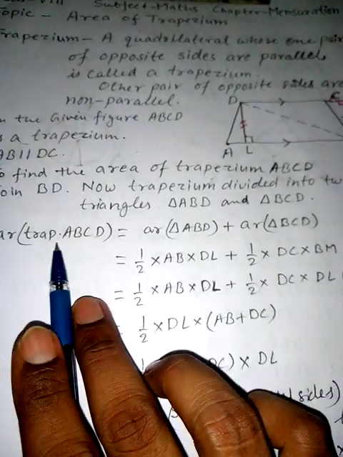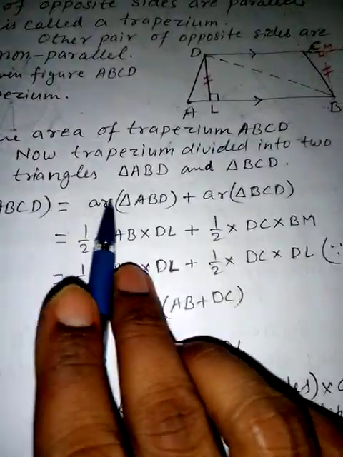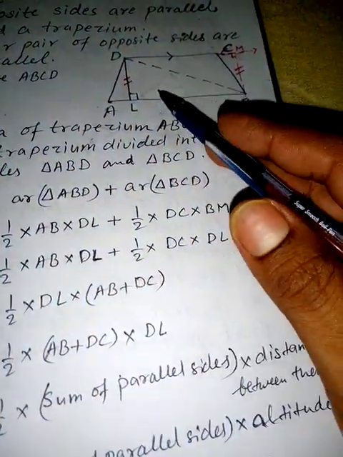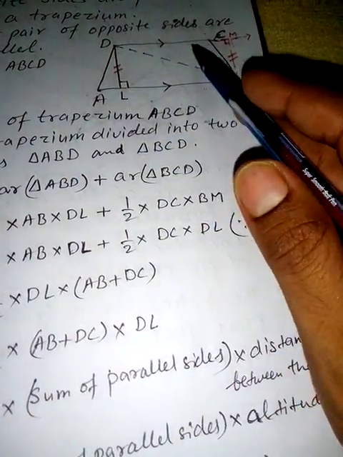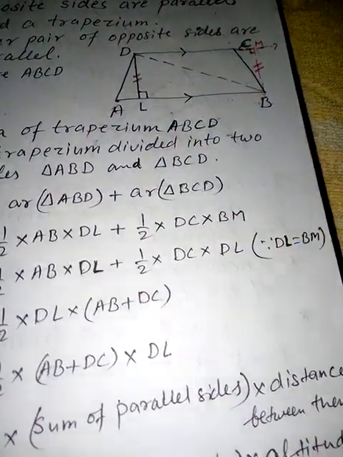Okay. Now, area of trapezium ABCD equals area of triangle ABD, the first triangle, plus this second triangle.